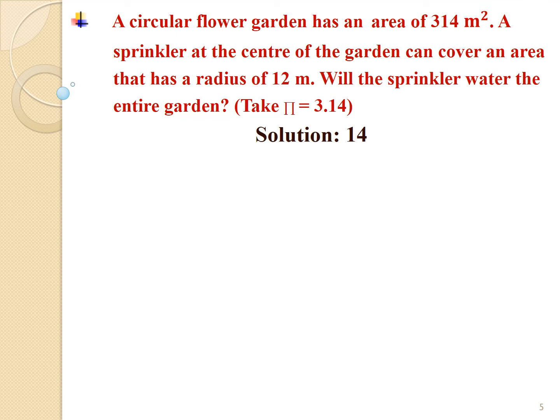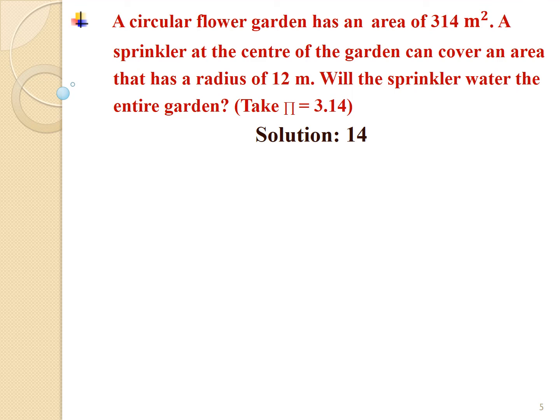Students, in order to find whether the sprinkler will water the entire garden or not, we have to find the radius of circular flower garden. To find the radius, we have to apply the formula of area of circle.